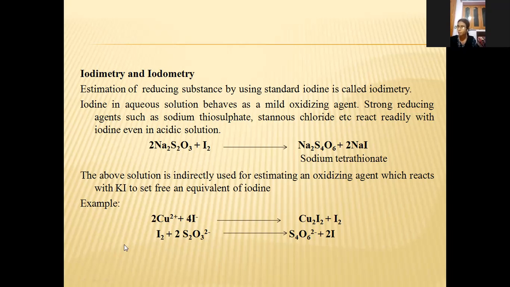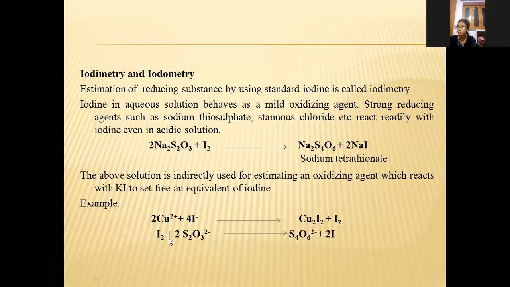For example, take copper: two molecules of copper react with four molecules of iodine to give copper diiodide, and iodine is separated. So we get copper diiodide and iodine.